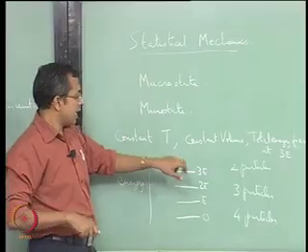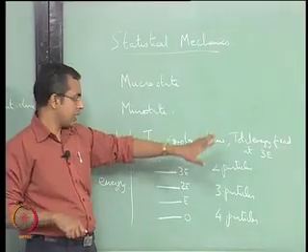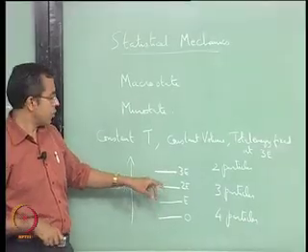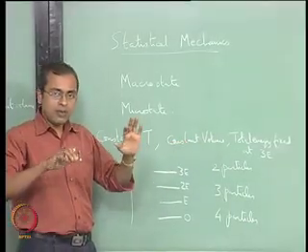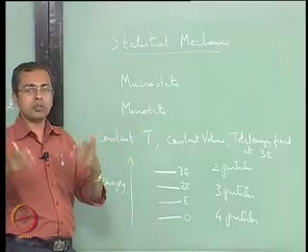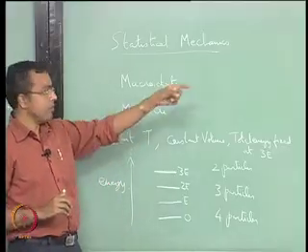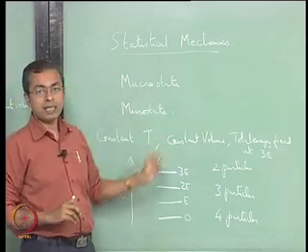Now we can arrange these 2 particles, let us say we are now only going to discuss 2 particles, in various different ways within these energy levels to be consistent with this overall macro state. Each way in which you can arrange those 2 particles gets to be called a microstate. Okay, so what I am going to put down there will be 2 different microstates which are consistent with the same macro state.